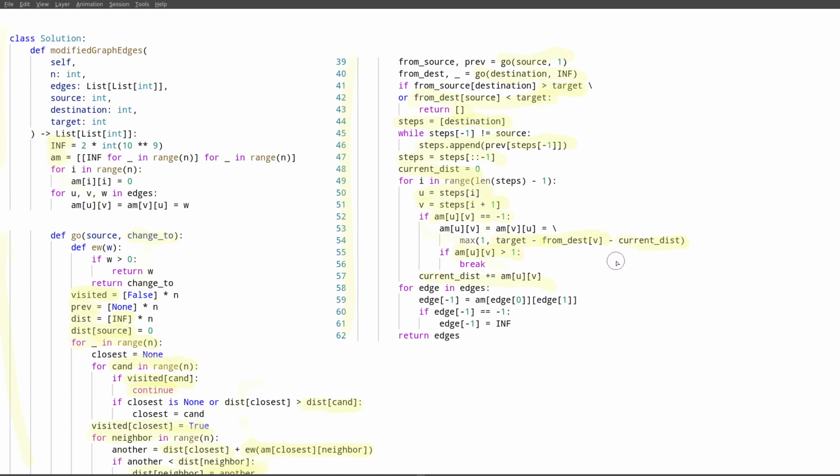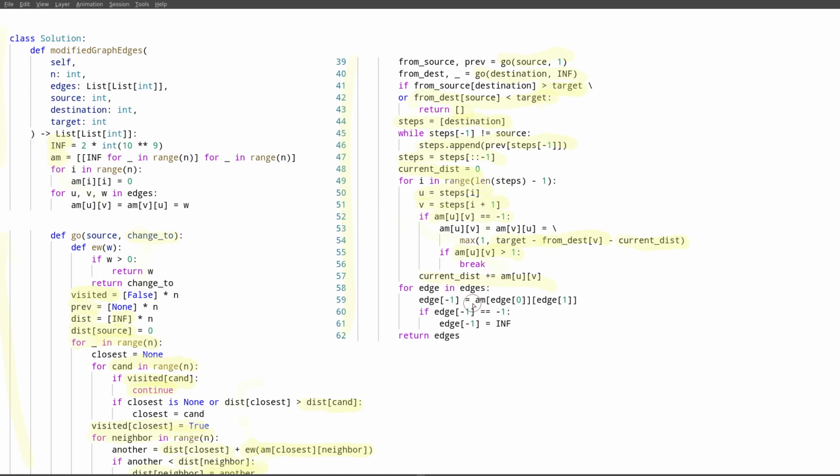Of course we have assumed that all the edges have weight equal to 1, so we have made some change. After that change, this path has now exactly the value that it should have, because this is target minus, so exactly after setting the value of that edge to this expression, the whole path will have the cost equal to target, by definition.